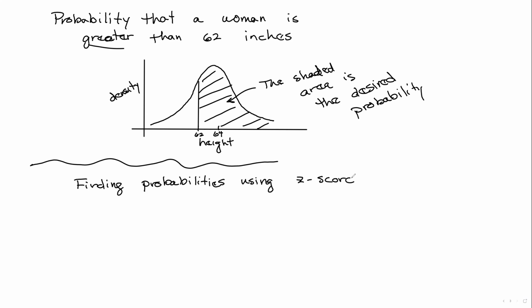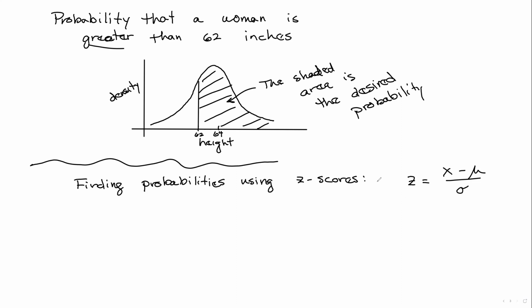As a quick refresher, the formula for z-scores is result minus the mean, divided by the standard deviation. Notice I'm using the mean and standard deviation for the probability distribution. I think that's the right thing to do.